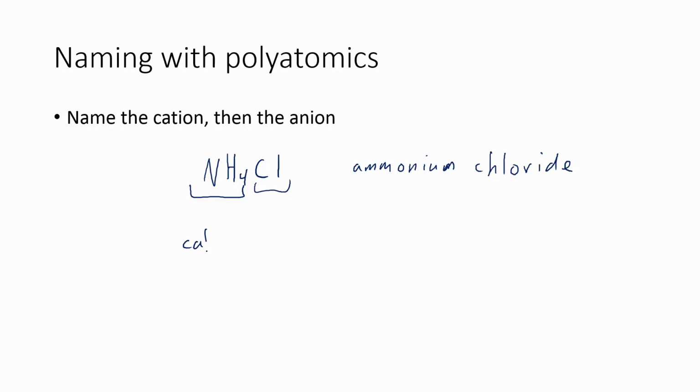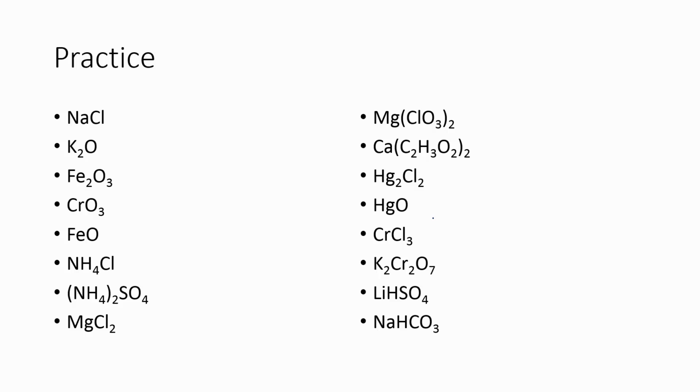And if we have something like calcium nitrate, it just means we have calcium and NO3, so +2 and -1. I need 2 of these, so this would be the formula for calcium nitrate.